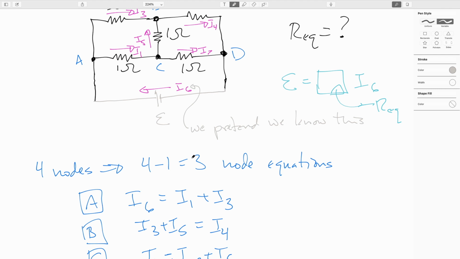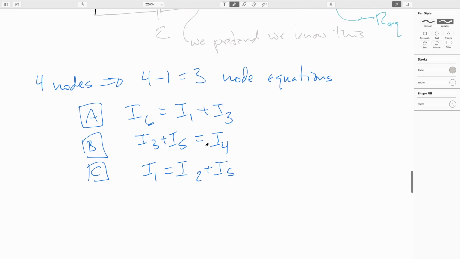So the EMF is one of our unknowns. I6 is known. Then I1, 2, 3, 4, 5 are unknown. So we've got a grand total of 6 unknowns. This means we need at least 3 more loop equations. Maybe more, but we won't, fortunately.